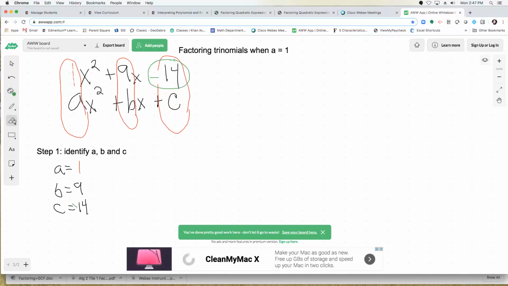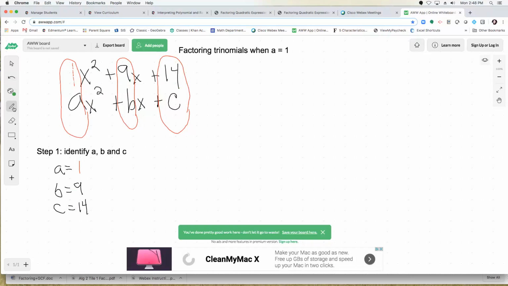Let's pretend, just for a second, that this was a negative 9x. Then when I identify my B, that B takes on the sign in front. Notice it's to the left. Your number takes on the sign in front of it to the left. That'd be a negative 9. But that's not the case, so I don't want to confuse you. I just wanted you to be able to tell the difference.